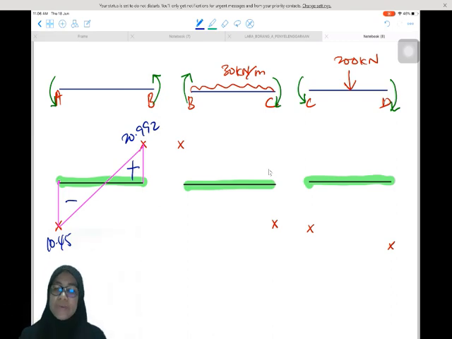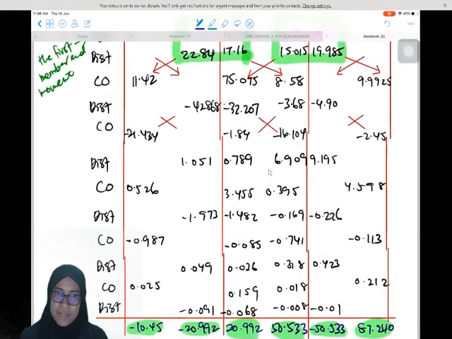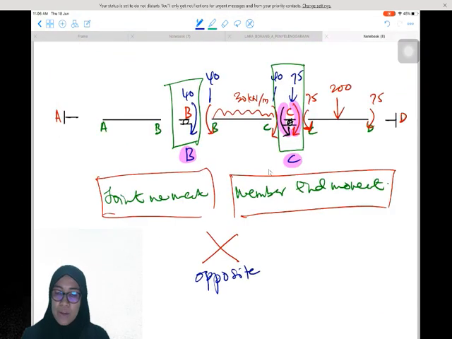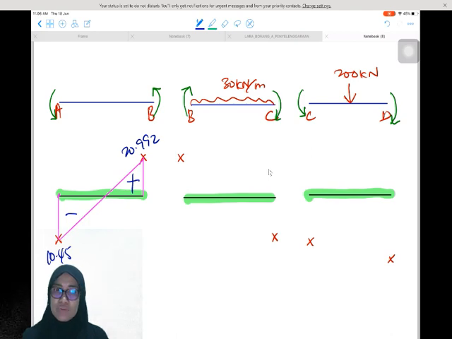Don't worry if you wonder why both are positive in the table, negative 10 and negative 20, yet when I draw the diagram one position is at the negative side and one at the positive side.